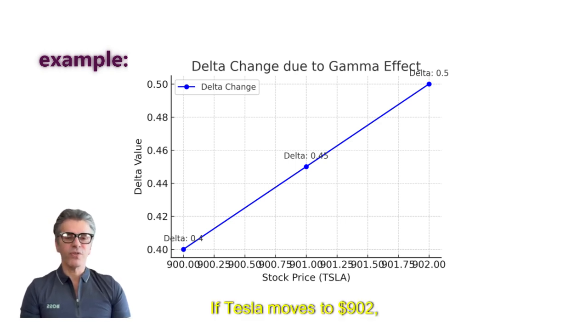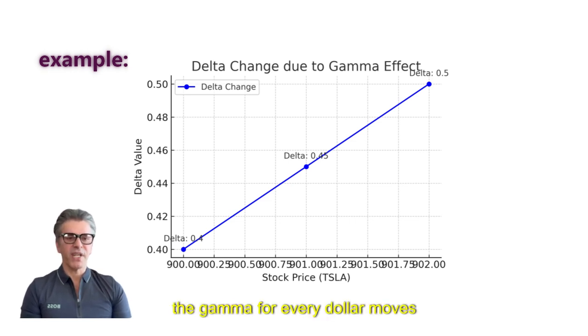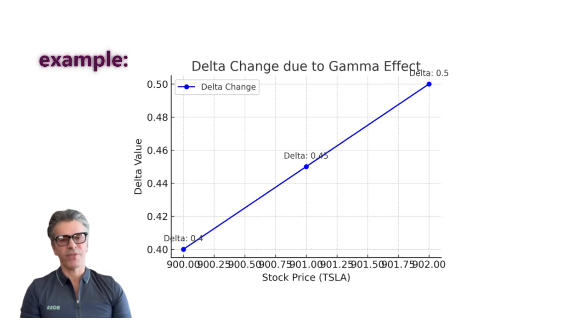If Tesla moves to $902, the delta rises again by another 5 cents, because remember, the gamma for every dollar move is 0.05.